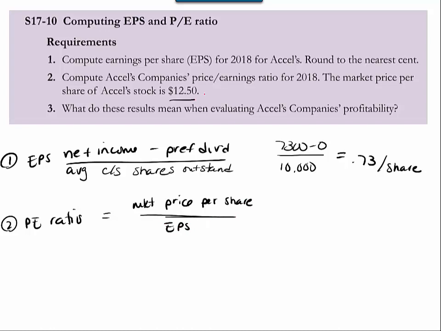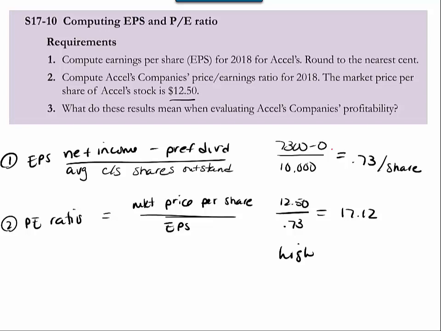So they told us up here that the market price per share was $12.50. The earnings per share is 0.73. So we get 17.12, which is pretty high. So that says their profitability is pretty good.